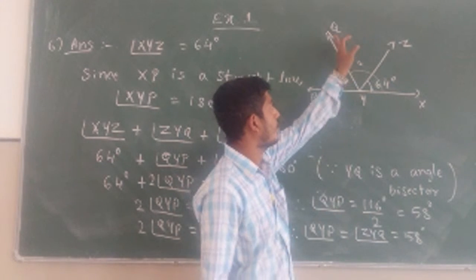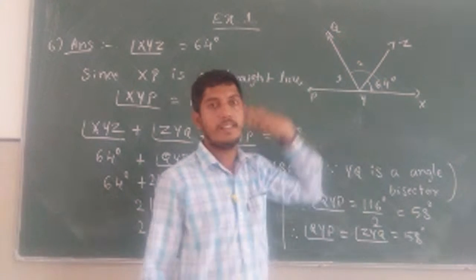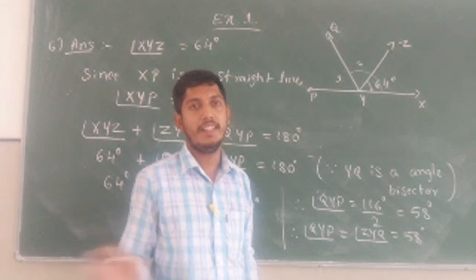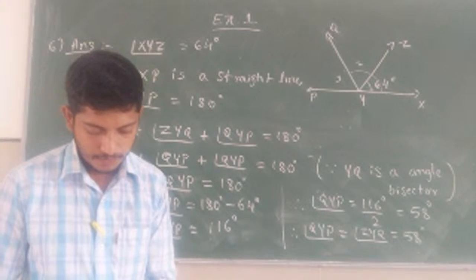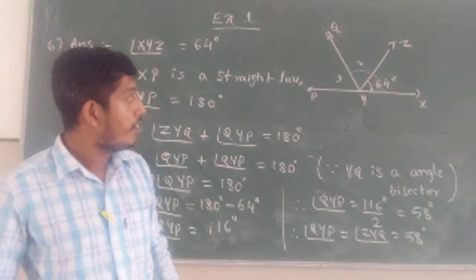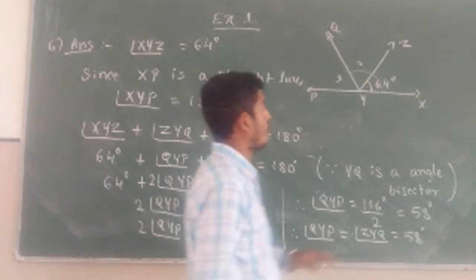Angle QYP is equal to angle ZYQ because YQ is the line which bisects the two angles. Now we solve the next part: we have to find angle XYQ.